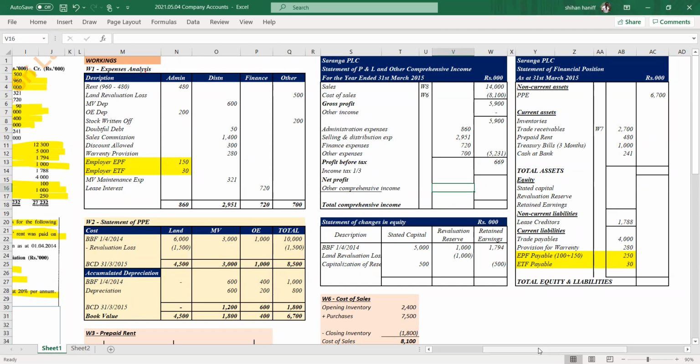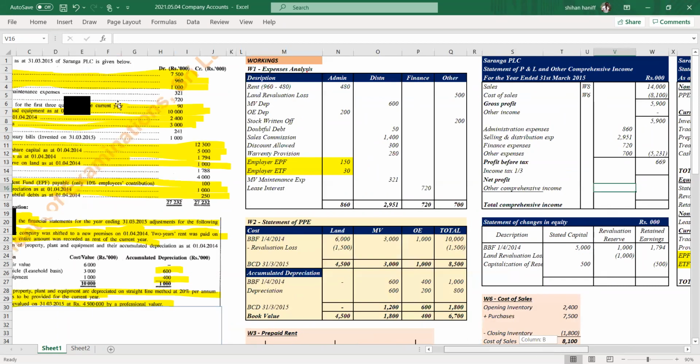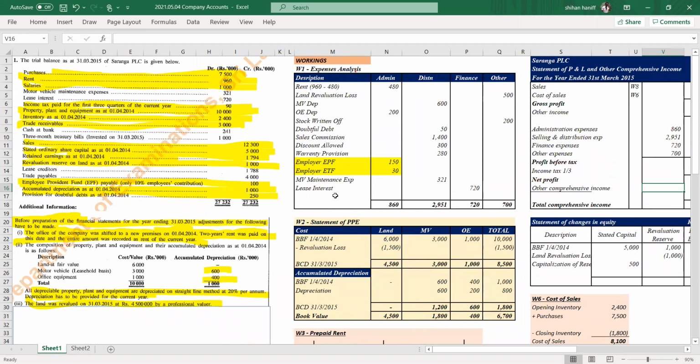Did I take salaries? Salaries we need to.